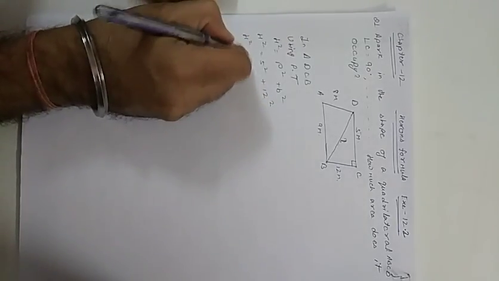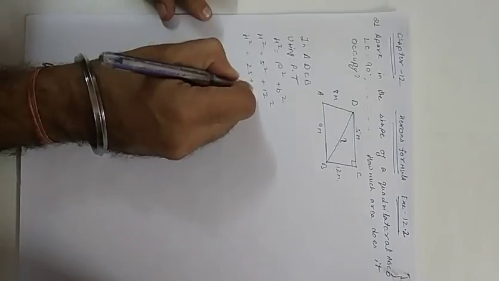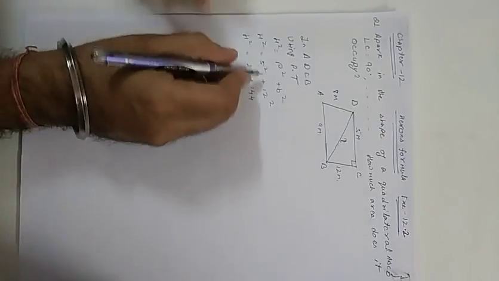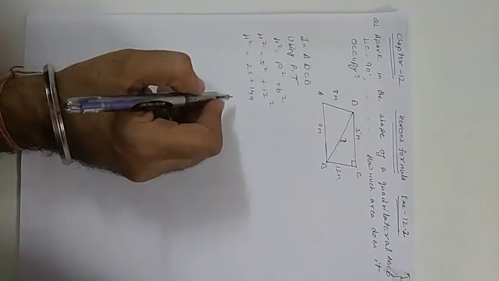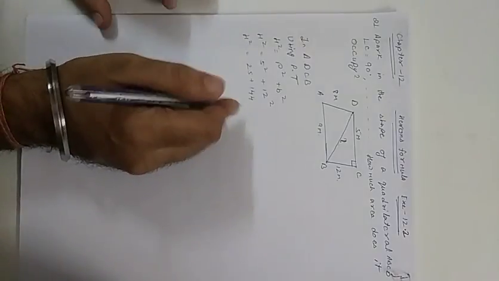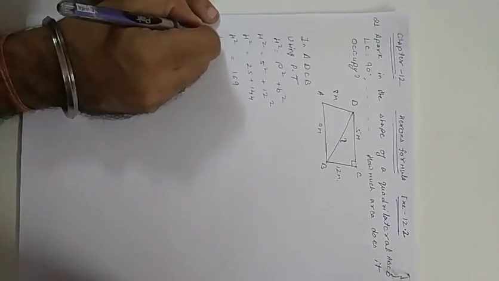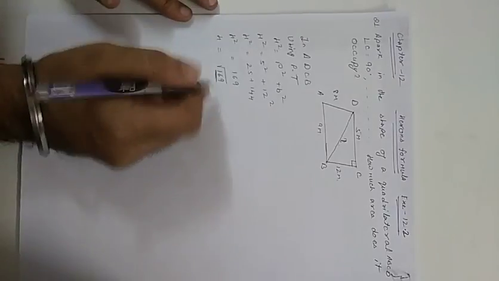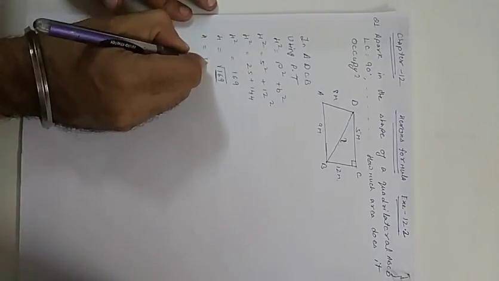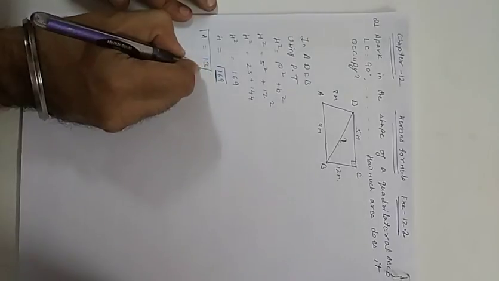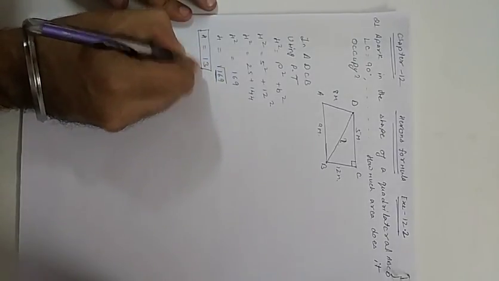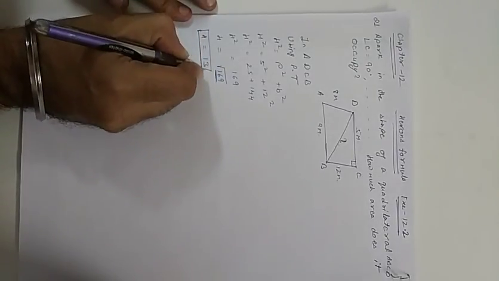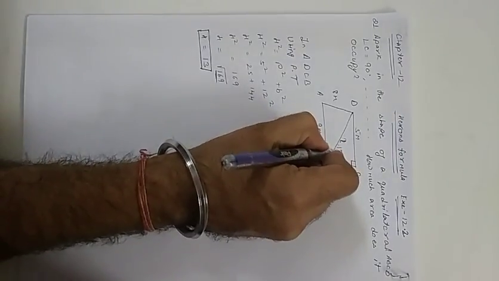So h square equals 25 plus 144. 5 square is 25, 12 square is 144. When we add this, we get h square equals 169. H equals under root 169, which is the perfect square of 13. So h equals 13. Means the measurement of this side is 13.